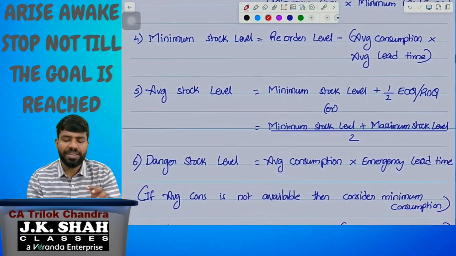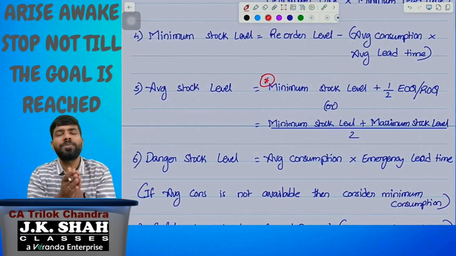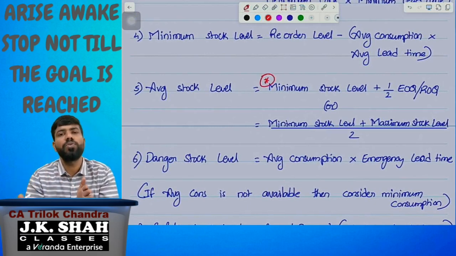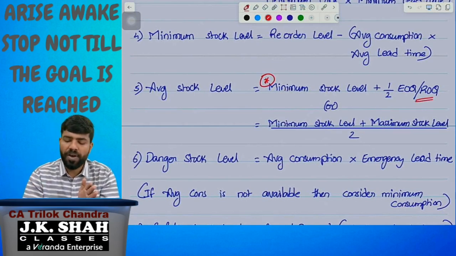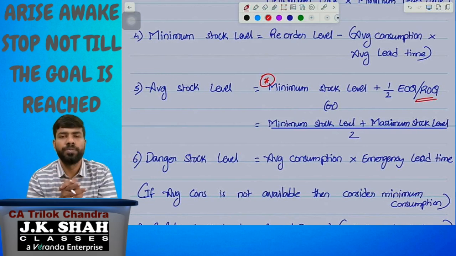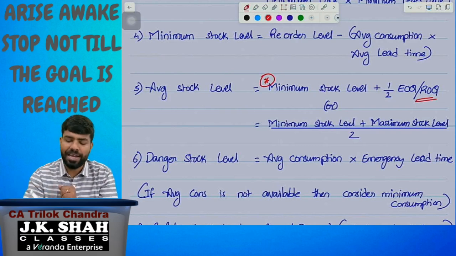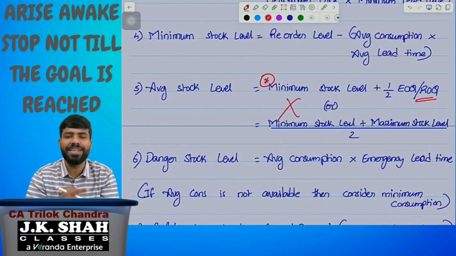Now, average stock level, there are two formulas. One of the logical formula is first one, minimum stock level plus half EOQ or half ROQ. One more formula is maximum level plus minimum level divided by 2. Please understand, these two formulas will not give the same answer.